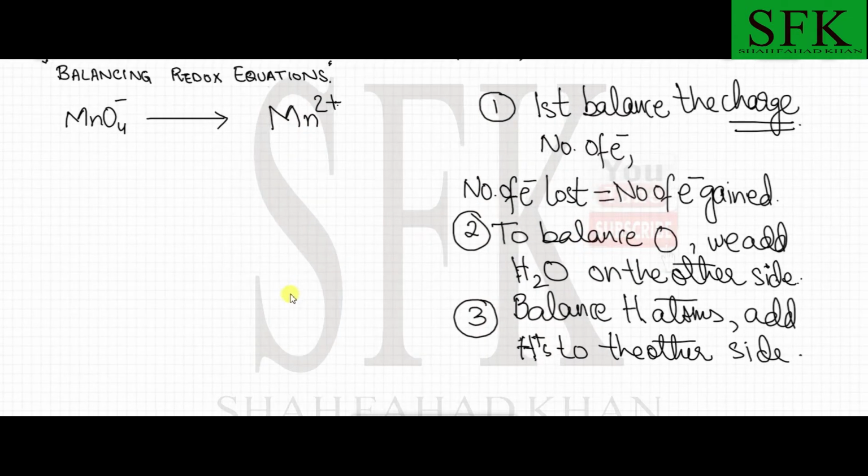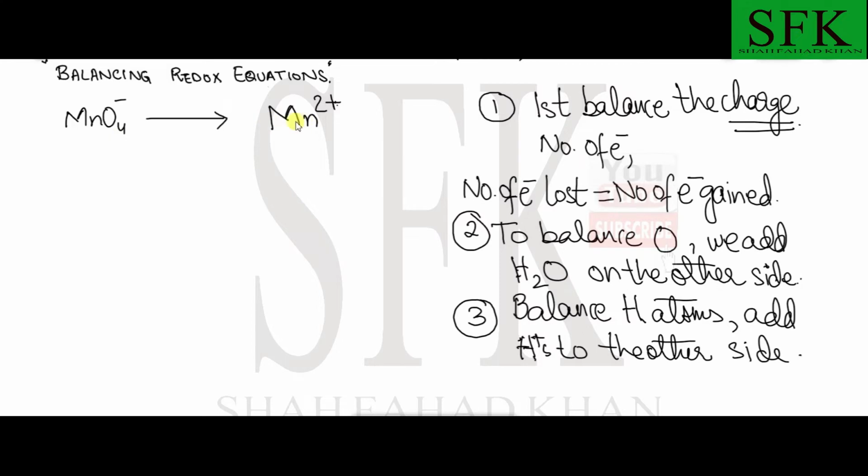We know that manganate is being converted to manganese, and the charge of +7 in manganese is being reduced to +2. The charges are only reduced when the species gain electrons, and in this case each one manganese atom is being converted into one manganese ion.